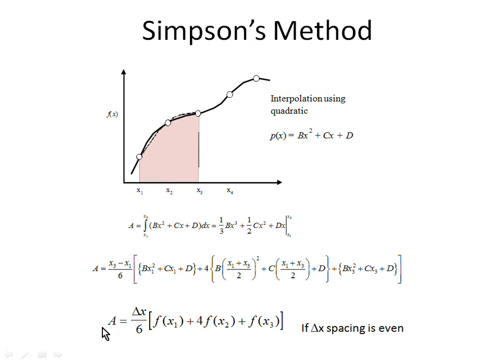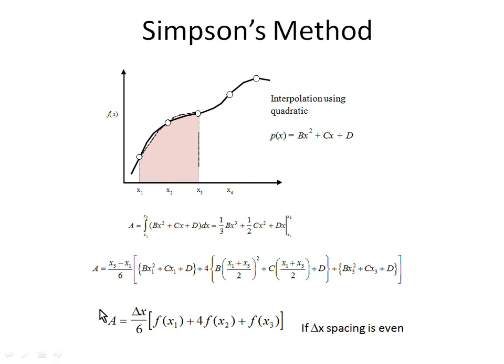So we end up with a formula for the area under this curve equal to this. Delta x is constant, so we'll know what it is. We take that, divide by 6, and we come up with the function evaluated at x1 plus 4 times the function evaluated at x2 plus the function evaluated at x3.